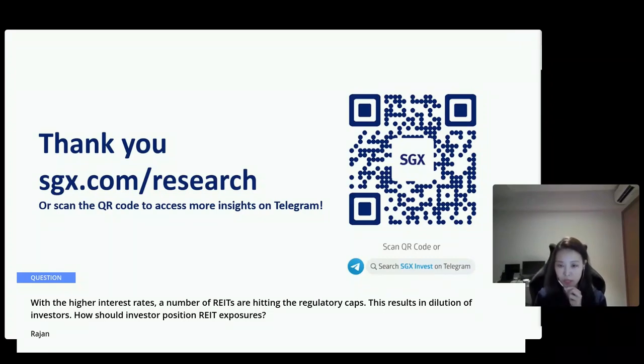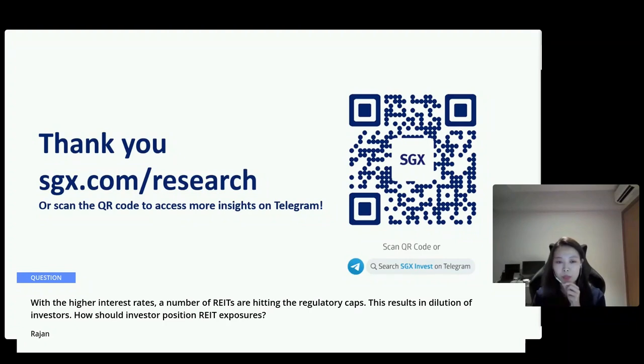So the outlook for Singapore office rental has been pretty positive so far going into the second half of the year, and some of the office rates over here are still pretty stable at the moment.